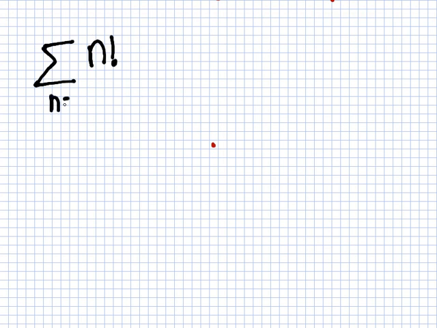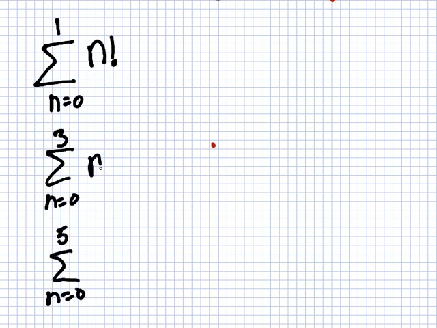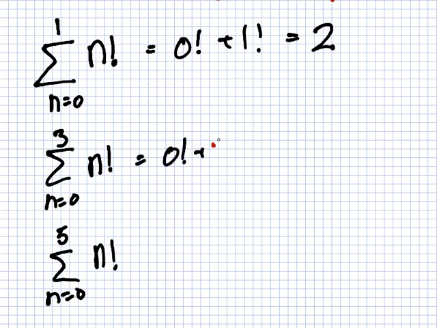So let's go from 0 to 1, and then 0 to 3, and then 0 to 5, we'll say. So this will be 0 factorial plus 1 factorial, which is 2. This will be 0 factorial plus 1 factorial plus 2 factorial plus 3 factorial, which is 8.